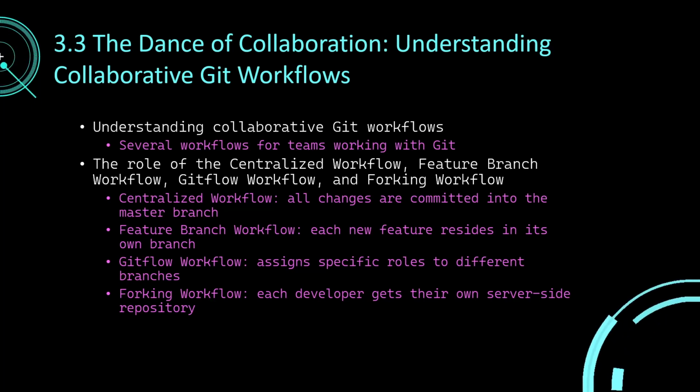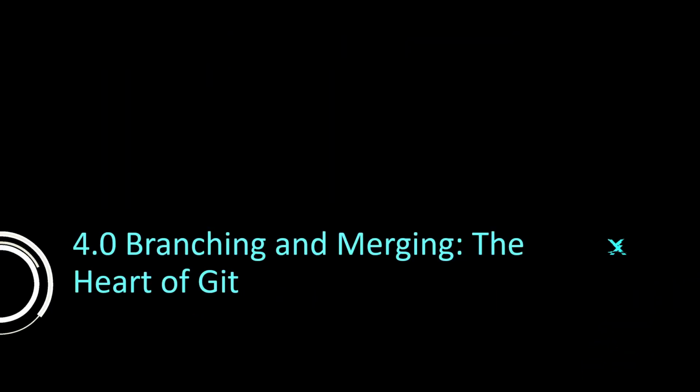But if you're working in a team, I typically use a combination of the feature branch workflow and then sometimes the forking workflow. So hopefully that makes a little bit more sense. And I will go into more workflows in later videos.